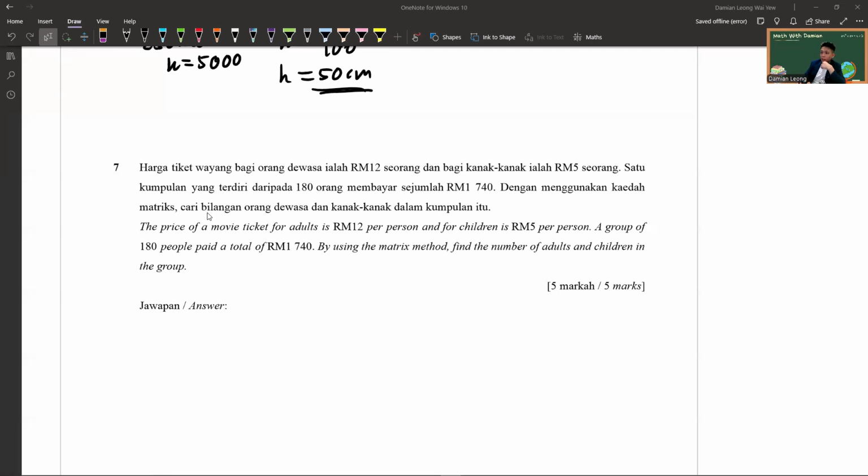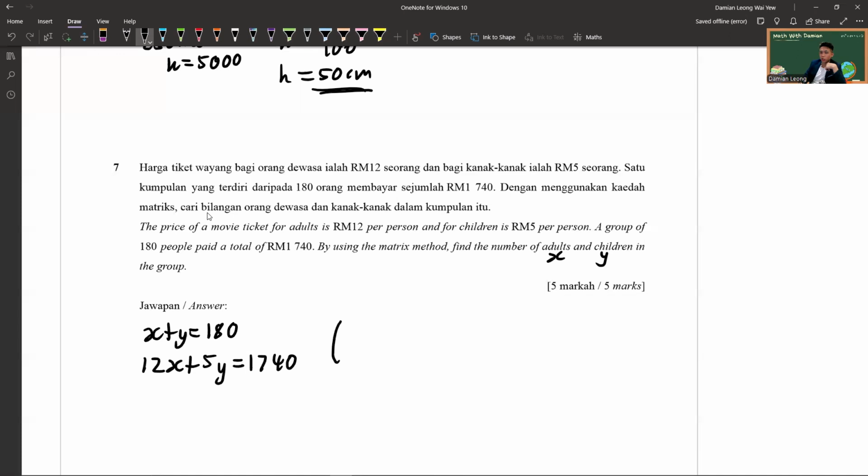Okay, I put X for number of adults, Y for number of children. So means X plus Y is 180. Then 12 ringgit times number of adults plus 5 ringgit for number of children, Y, equals to 1,740 ringgit. Yeah, these are the two equations.